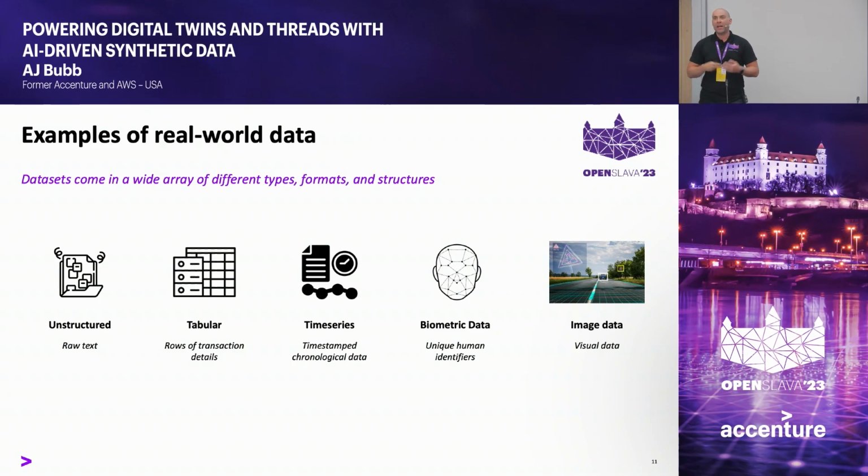Time series data, so chronological data that you can pull from things like IoT sensors that are time-stamped and have similar labeled data throughout that. Biometric data, big one, as well as image data, which is becoming more and more relevant, especially as we're deploying things like autonomous vehicles.